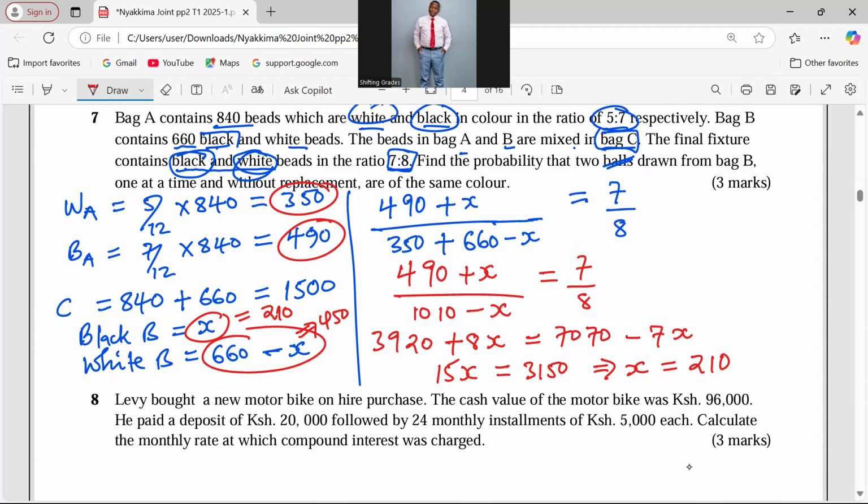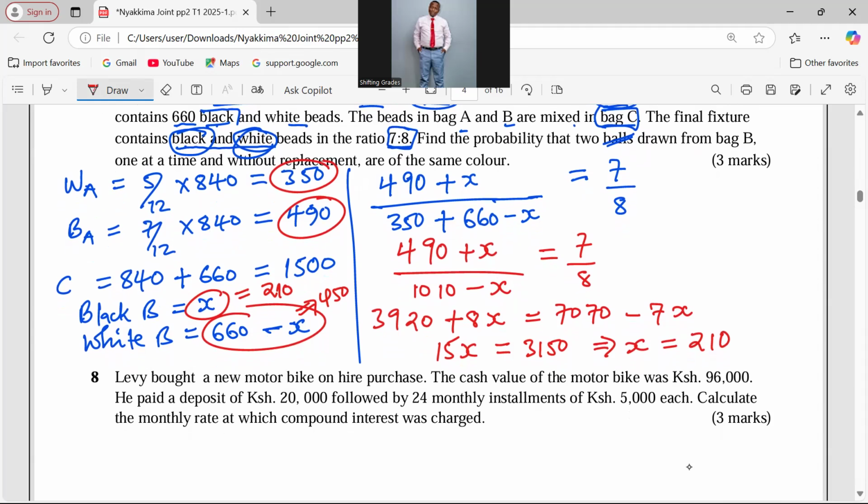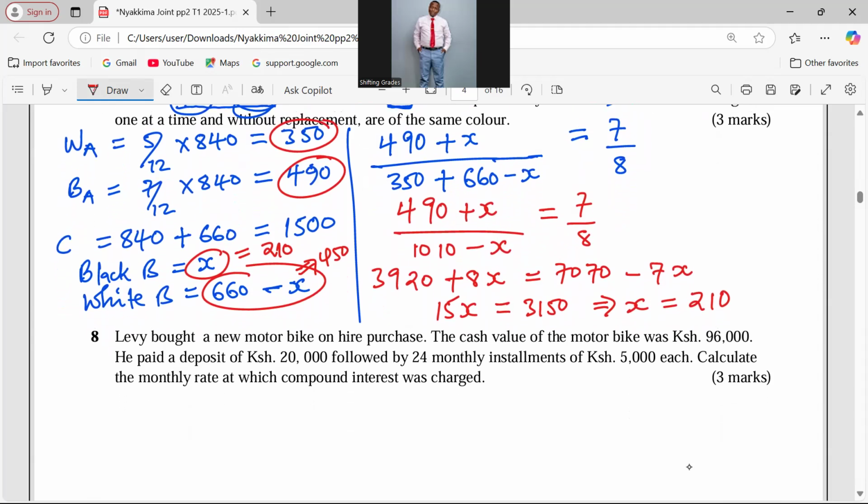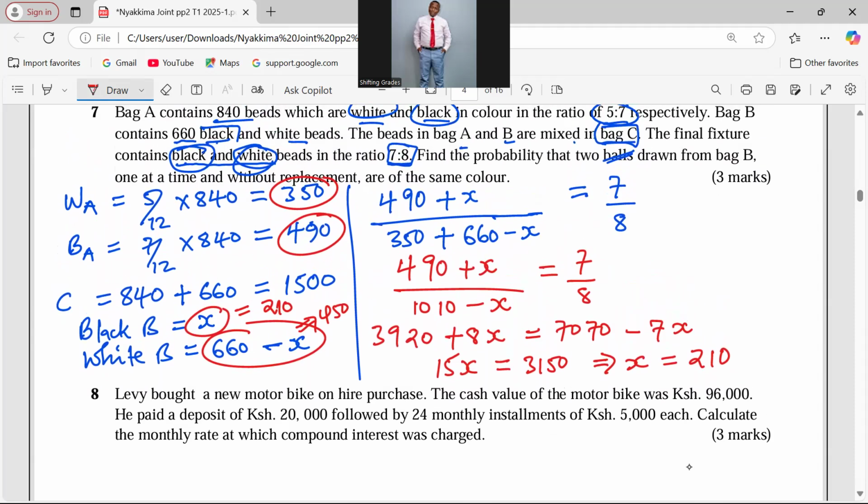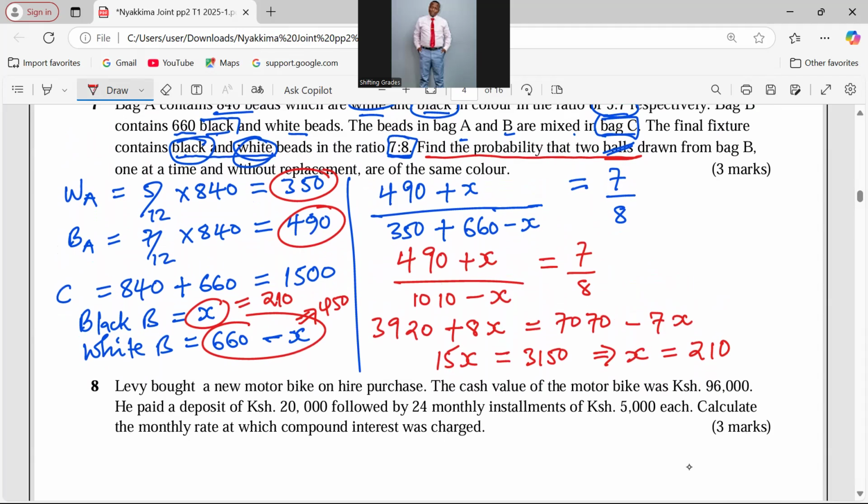That one required a student who can really think. Now let's get to the exact question. Remember, we are not through. Find the probability that 2 beads drawn from bag B, one at a time and without replacement, are of the same color.